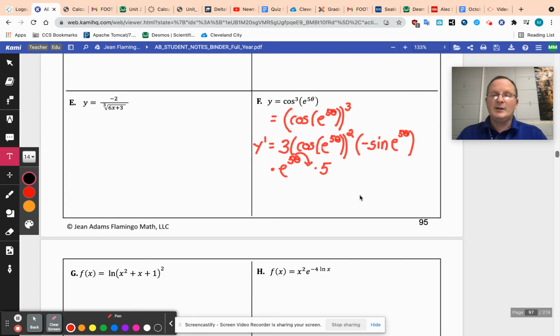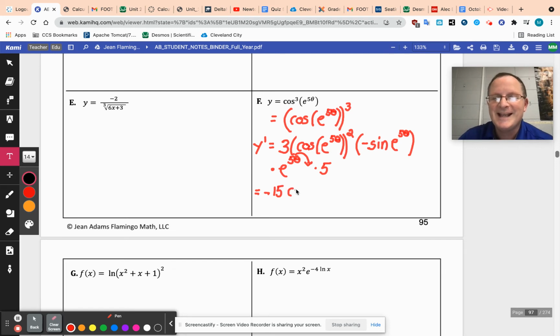There isn't a lot to do to clean that up because you've got cosine and you've got a sine. You do have a negative and a 5 and a 3 that all could come together. If you want to, and you don't have to, that would be a negative 15 and then a whole bunch of stuff we've got to write down.